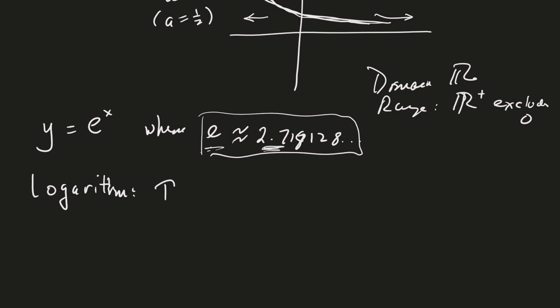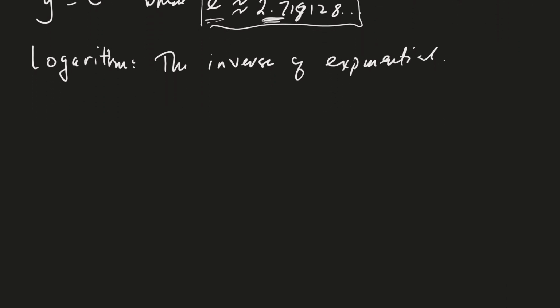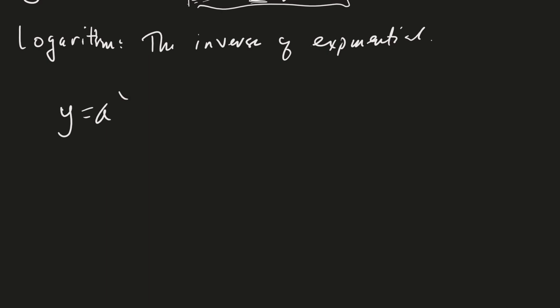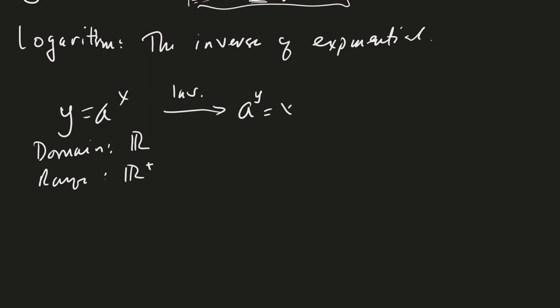Okay, now the logarithm is defined to be the inverse of the exponential. And so let's see how that's going to be defined. So for example, if we take y equals a to the x, domain is going to be the reals, range is going to be the positive reals, then the inverse would be a to the y equals x, right?